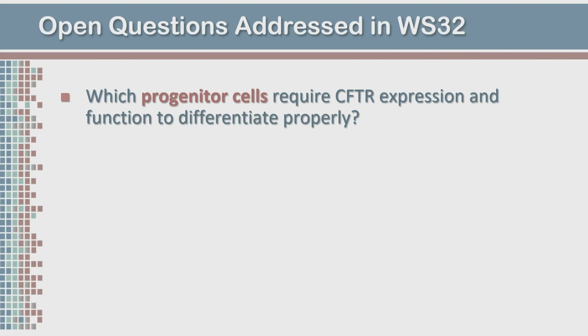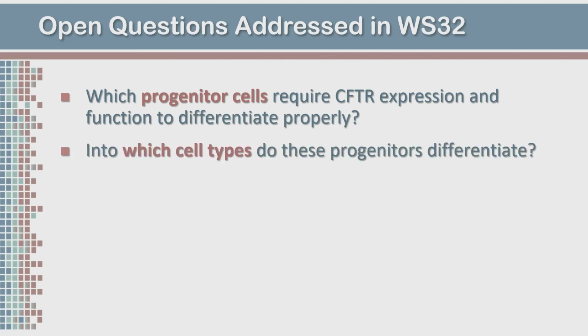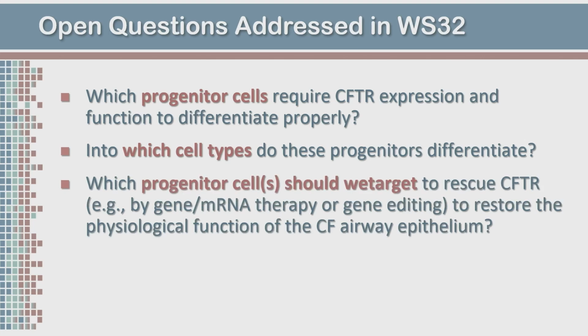Which progenitor cells require CFTR expression and function to differentiate properly? Into which cell types do these progenitors differentiate, so that actually those require functional CFTR?